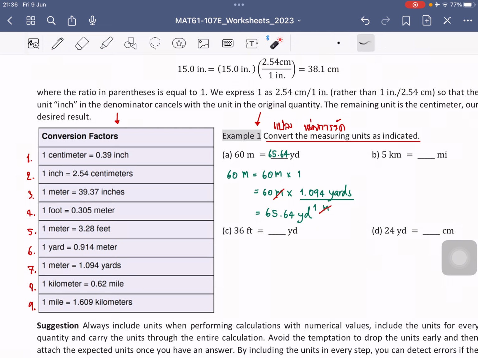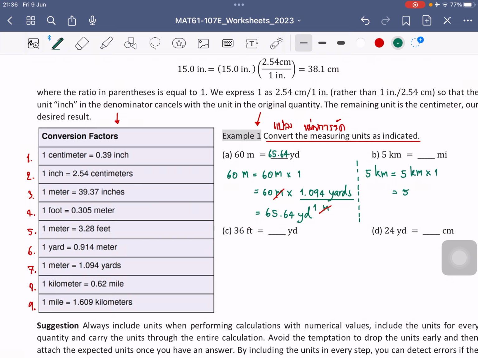And for B you want to change from kilometers to mile. Which line, 1 2 3 4 5 6 7 8 or 9? You will use row 8, right? Okay, as before, we know that 5 kilometers equal 5 kilometers times 1.